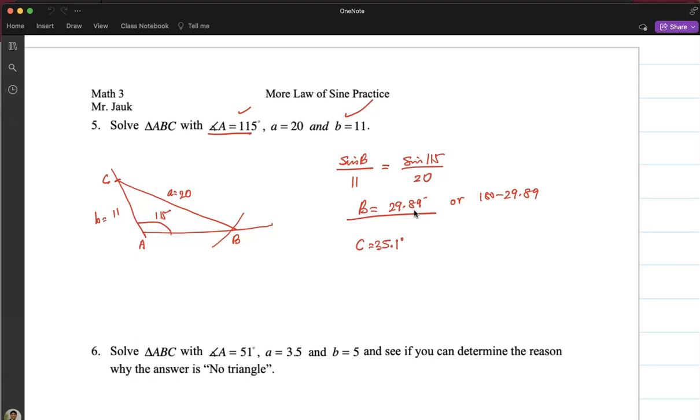Suppose you do this, what will you get? 180 minus 29.89, that's 150 point something. Now this is definitely not possible, because you can't have one angle 115 and another 150, since the angles can't add up to more than 180. So this clearly does not exist. This is not a possibility at all.